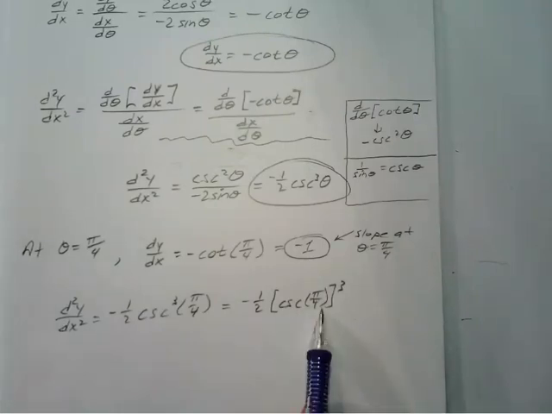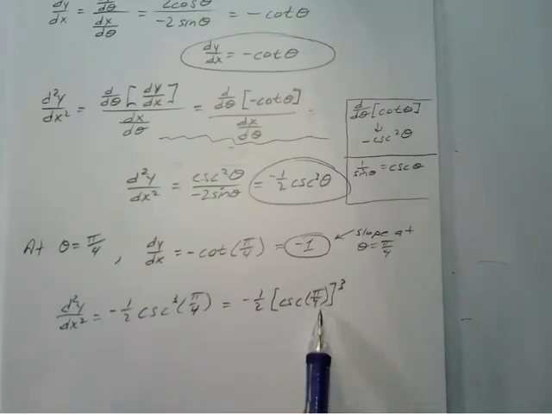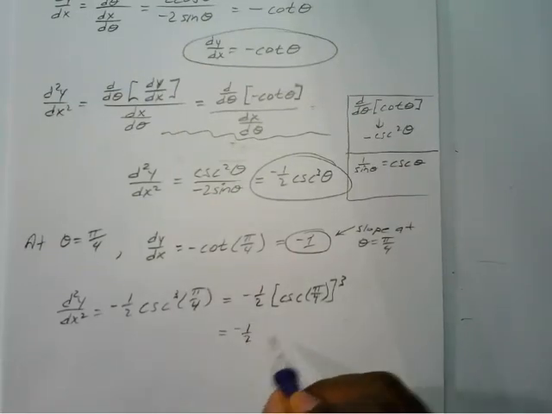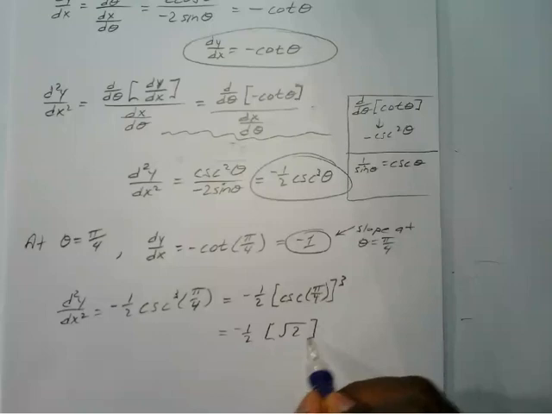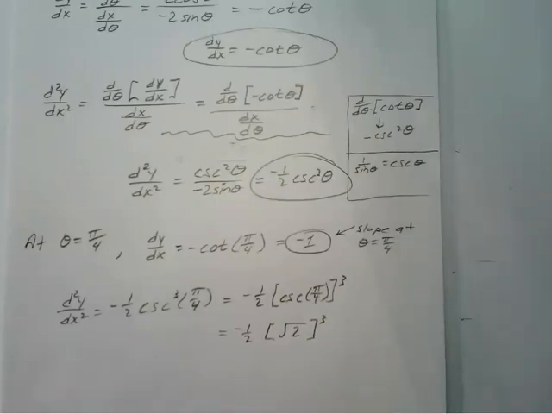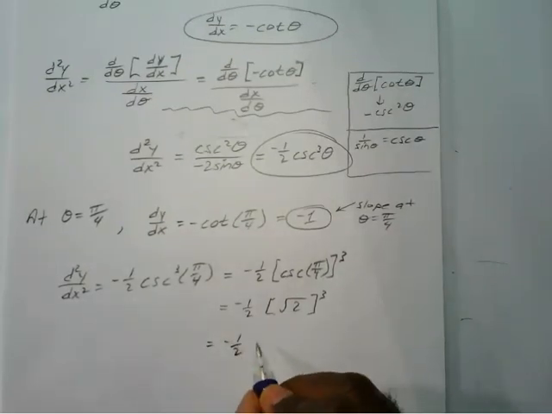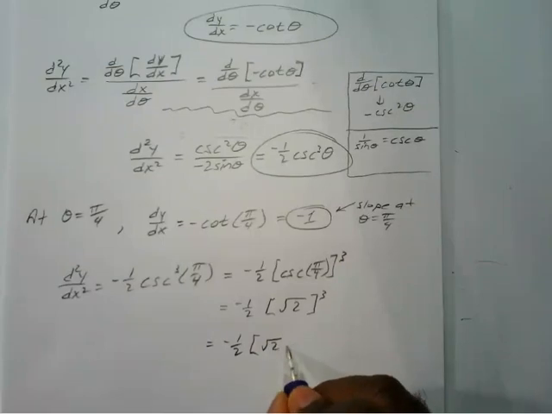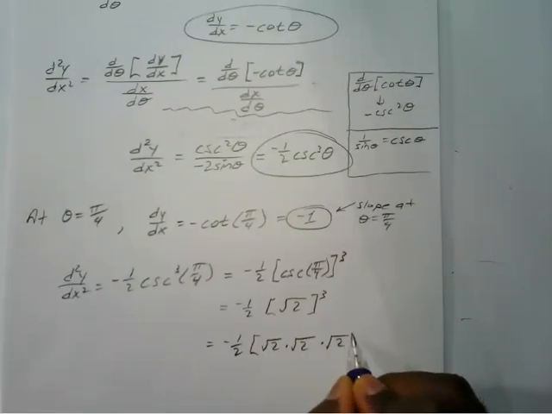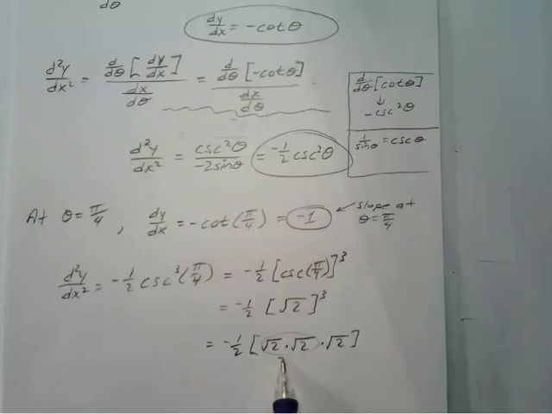Okay, so cosecant of pi over 4 is square root of 2. So that's negative 1/2 times square root of 2 to the third power. Square root of 2 times square root of 2 is 2, so those two would cancel out, which leaves another square root of 2. So you have negative 1/2 times square root of 2 times square root of 2 times square root of 2. You multiply these two together, you get 2, and 2 times negative 1/2 is negative 1.